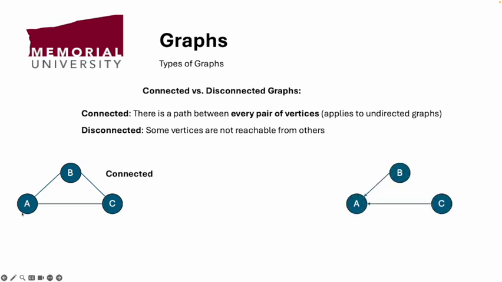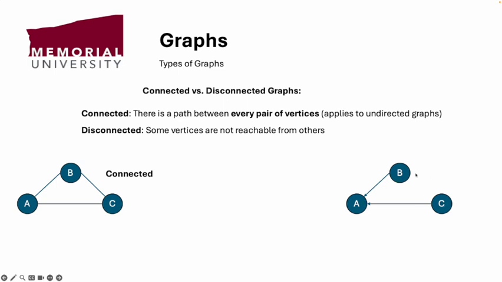For the same example, every pair of vertices has a path in this case, so this graph is connected. And in this one, some vertices are unreachable. What do I mean? B to C is unreachable. Make sense? You cannot find a path from B to C.